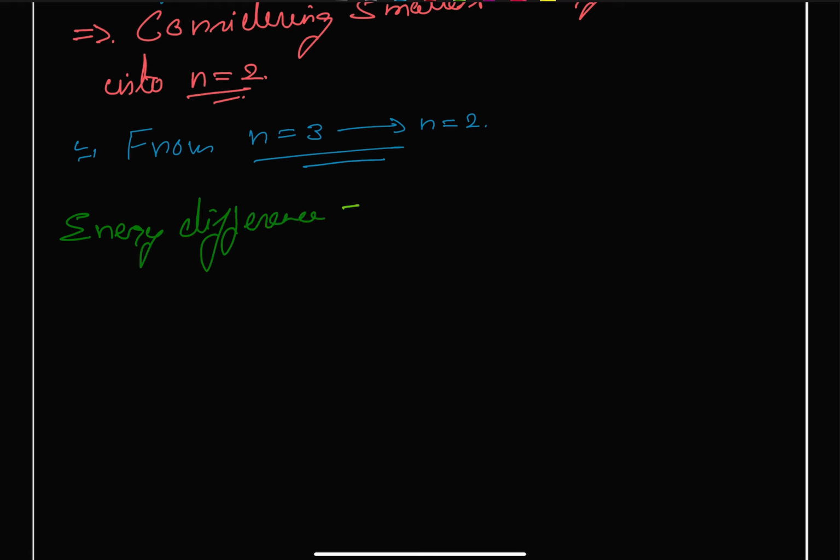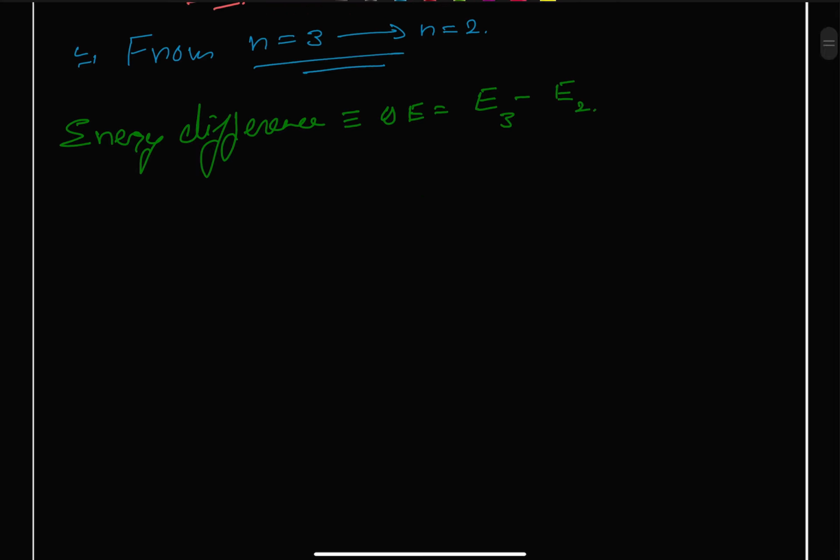Energy difference, that is our delta E, will be equal to energy at level 3 minus energy at level 2. And we can generalize the formula in terms of Rydberg constant, but the modified Rydberg constant, that is R prime, 1 upon 2 square minus 1 upon 3 square.